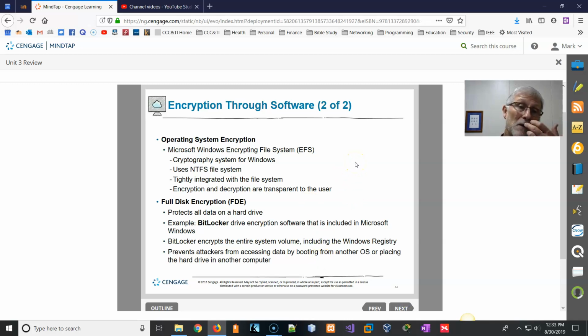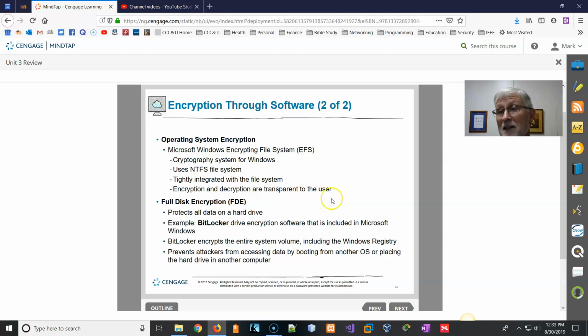Now, also through software, operating systems like Microsoft's all have some kind of software that's part of the operating system to encrypt data. It's based on the file system and tightly integrated with it.